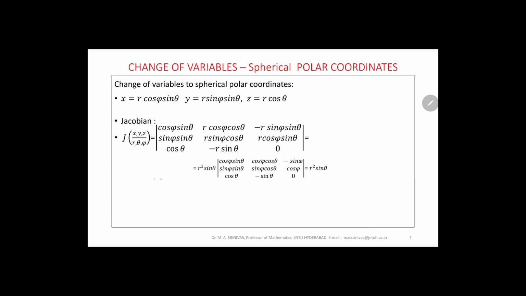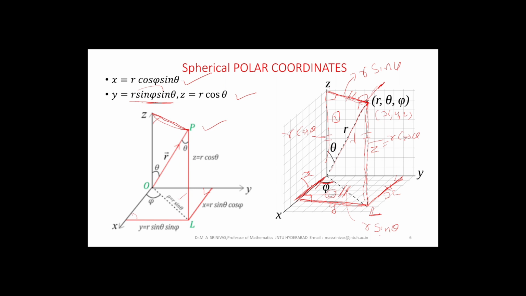Therefore, the relation between Cartesian coordinates and spherical polar coordinates is given by this: x is r sin theta cos phi, y is r sin theta sin phi, z is r cos theta. I mentioned the internationally standard method is the middle one.